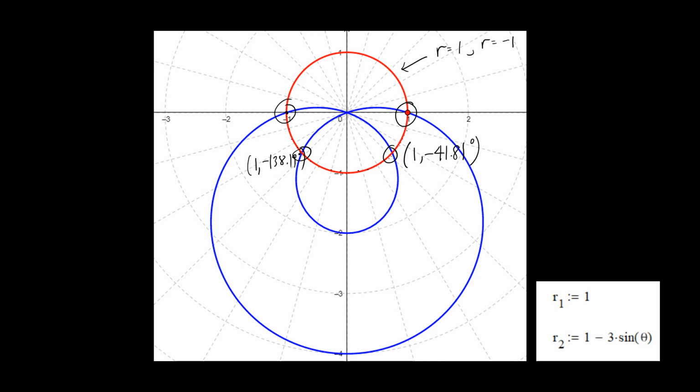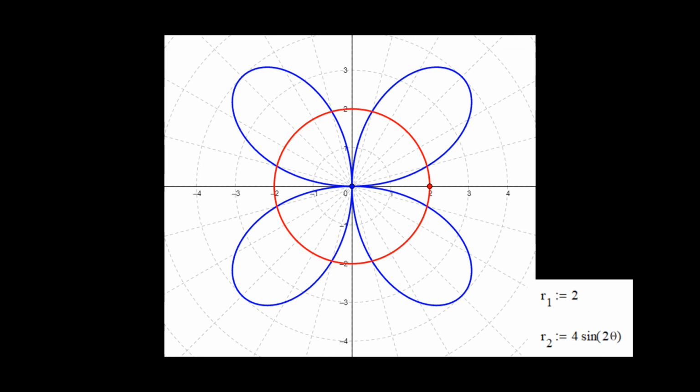Or the same point is generated if you use negative 1 and positive 41.81 degrees and negative 1, positive 138.19 degrees.